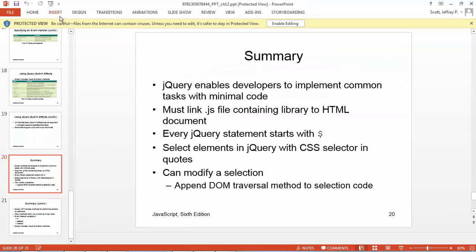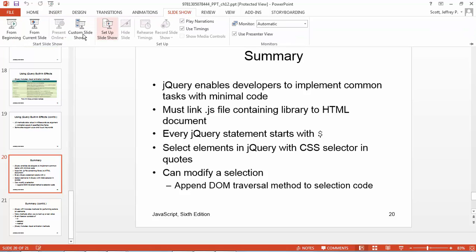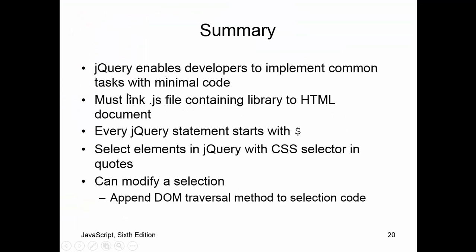All right. So, to finish this up, because it took a lot longer than I thought it would, jQuery allows you to do common tasks with minimal code. You've seen the 3 ways that you can link to the jQuery library, those being downloading the minified version, downloading the non-minified version, and using a content delivery network.